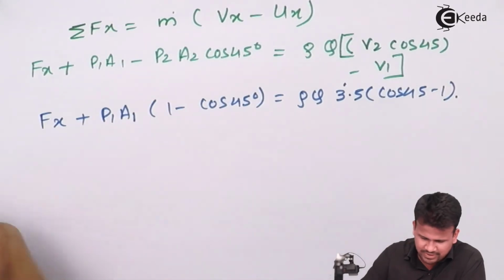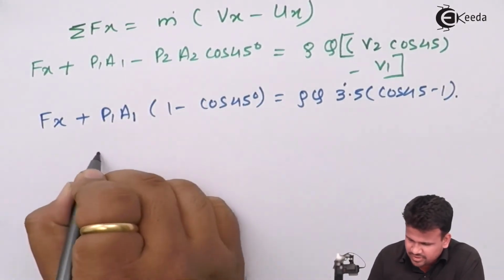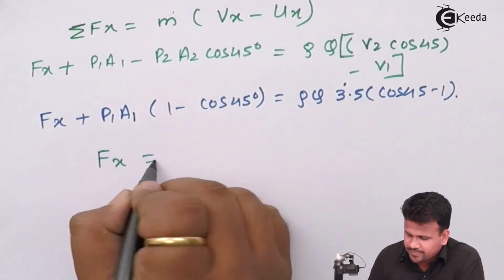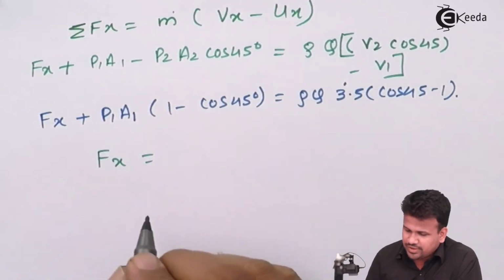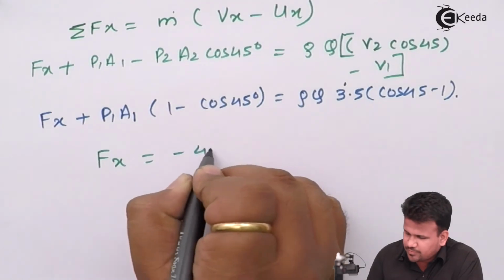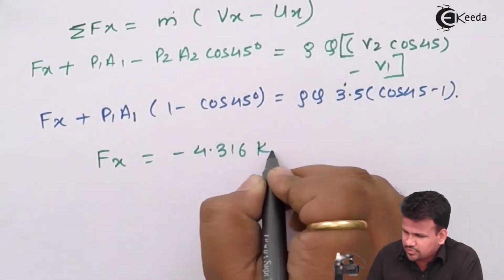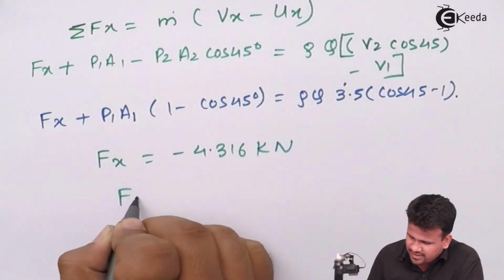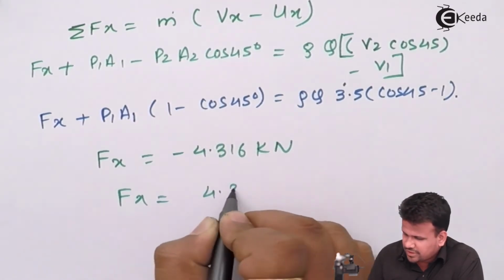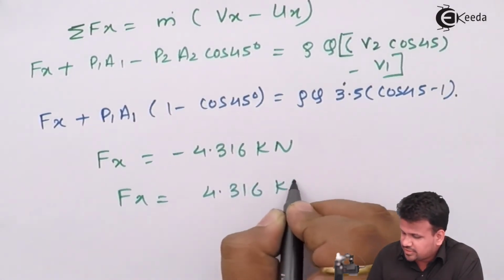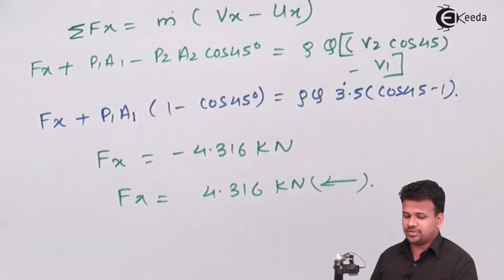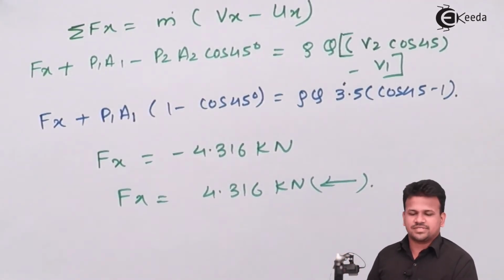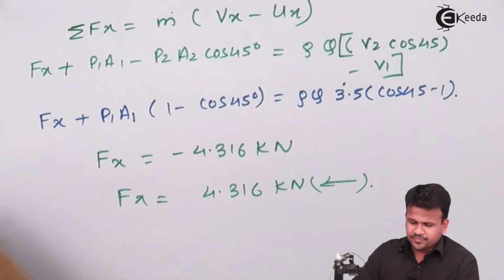On substituting the values of P and area A1, we calculate Fx equals minus 4.316 kilonewton, which is going towards left. So we have calculated the value of Fx.